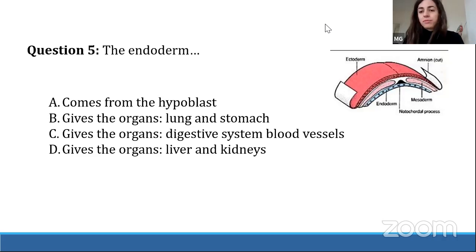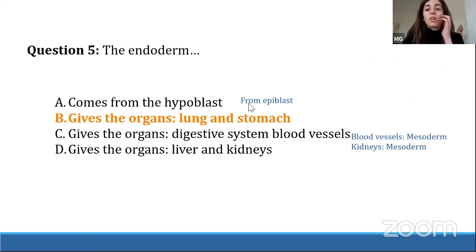Okay, so a few more people want to vote. Okay, so I'm going to end the poll. So the correct answer is the lungs and the stomach, okay?